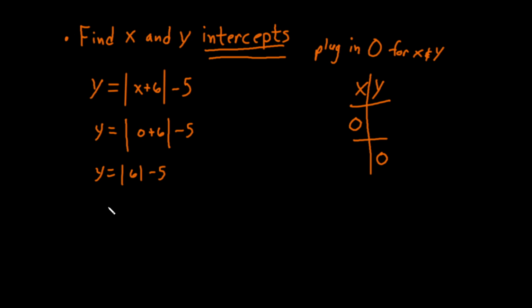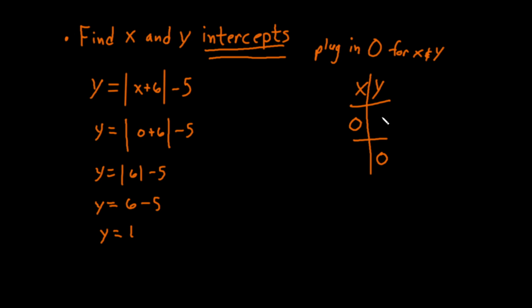The absolute value asks you how many spaces that number is away from 0. So the answer is just 6. The absolute value of positive 6 is 6. The absolute value of negative 6 will also be a positive 6. And now we have y is equal to 6 minus 5, which is 1.